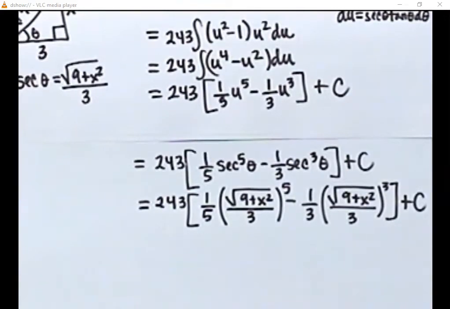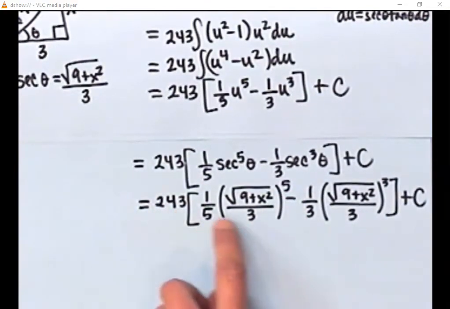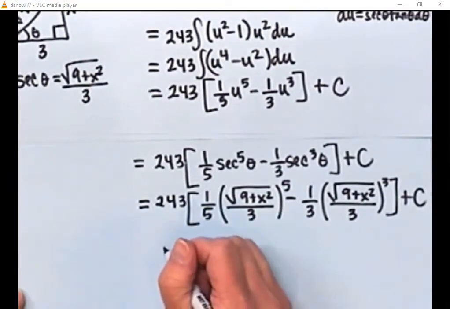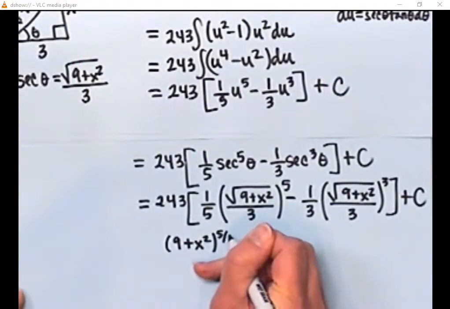And then if I can, I would do some simplifying. There's some things that would probably cancel out here. Because 243, what is that? 3 to the something. Is that 3 to the 5th? Yeah, so this is the same as 3 to the 5th. So those will actually cancel if you distribute that in. So this 243 will cancel with 3 to the 5th. And so basically you could write this as 9 plus x squared to the 5/2 over 5.